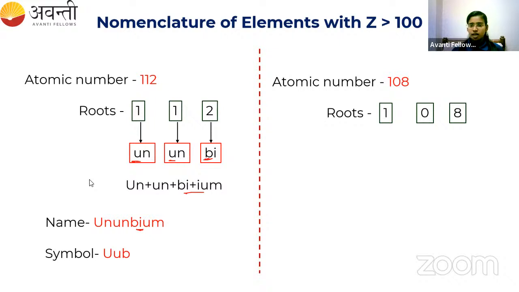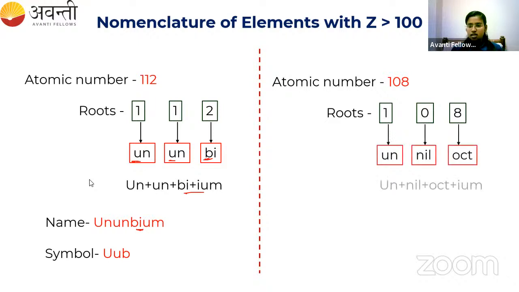So what could be the name? Un-nil-octium. Very good. Unniloctium is the correct name and the symbol is UNO.